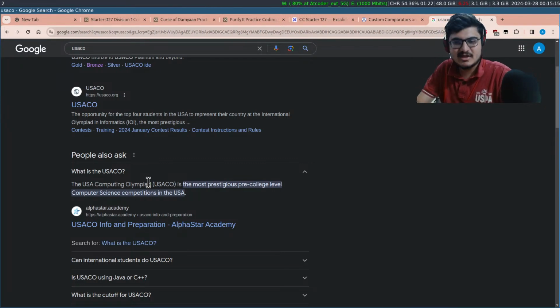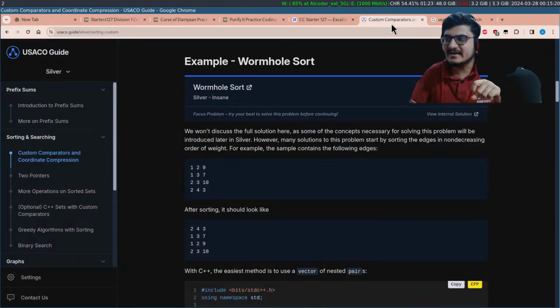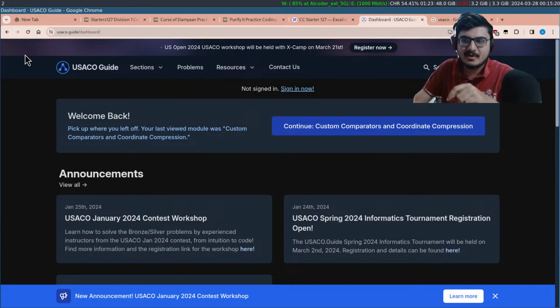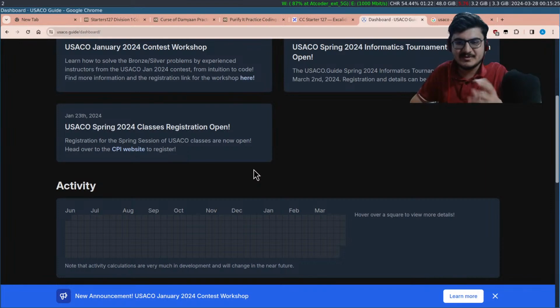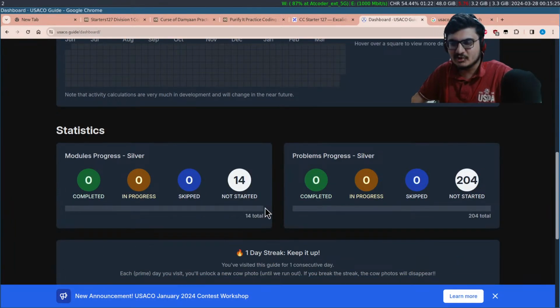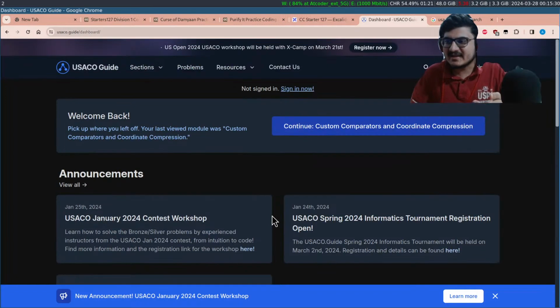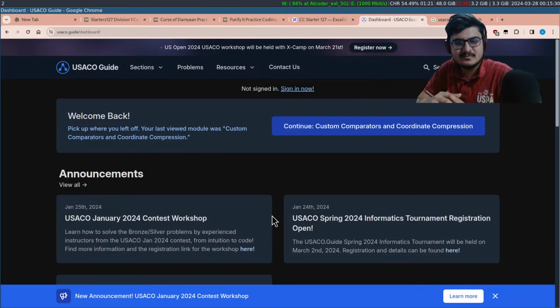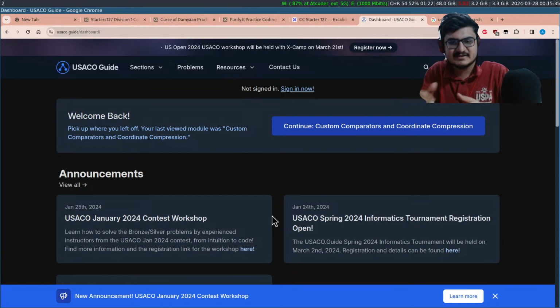That is USACO, and the USACO guide is a list of problems put together by people who have represented the United States in IOI earlier, or those who made it to the camp. They created a list of problems that you should probably solve if you want to represent the United States in IOI.